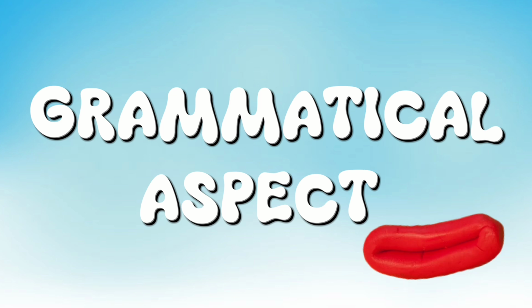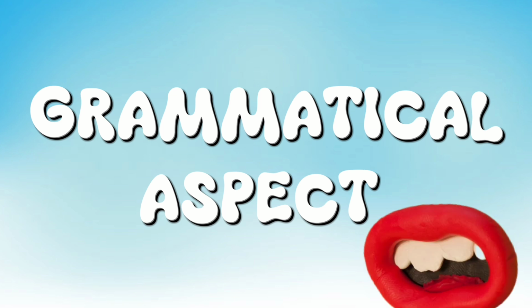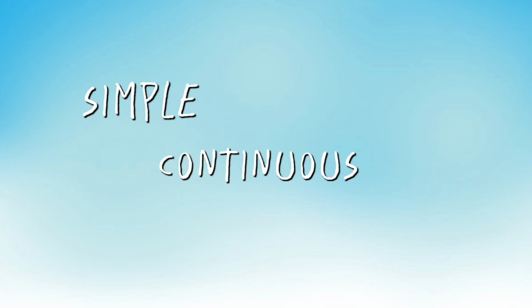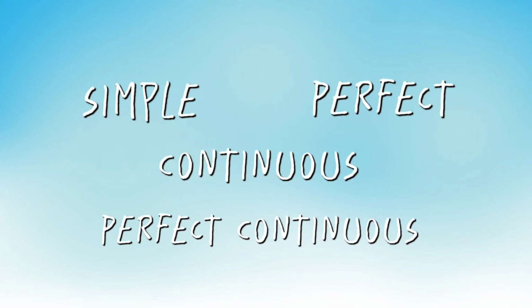Thanks to this, it helps us divide those time periods further. They are divided into four main aspects: simple, continuous, perfect, and perfect continuous. Each aspect will help describe an action in more detail.